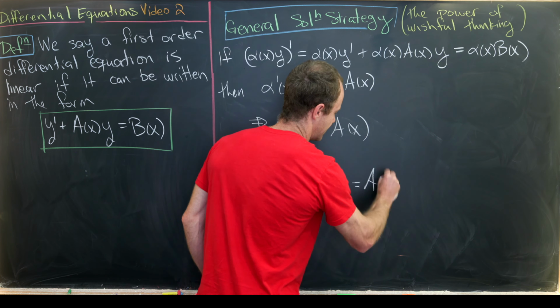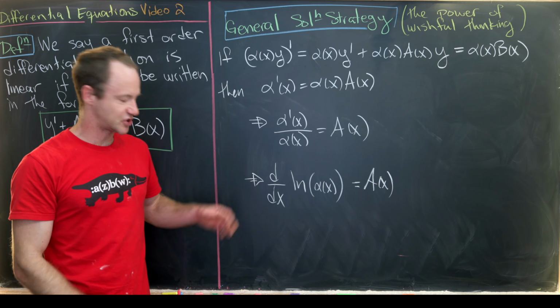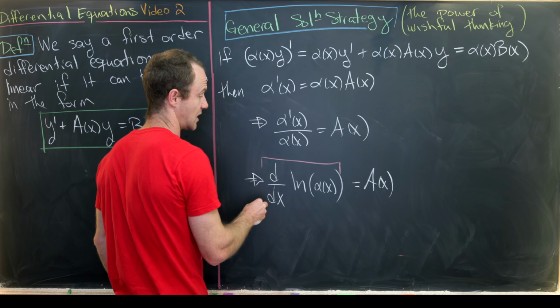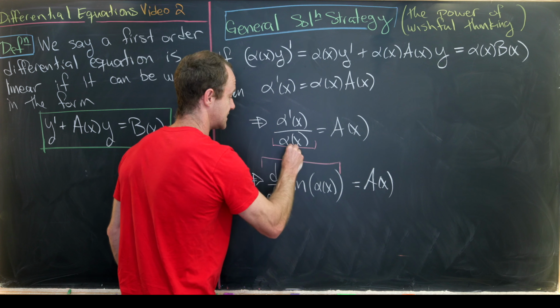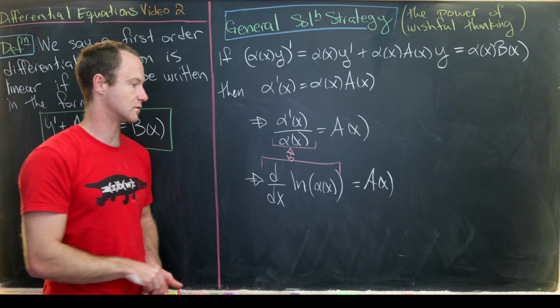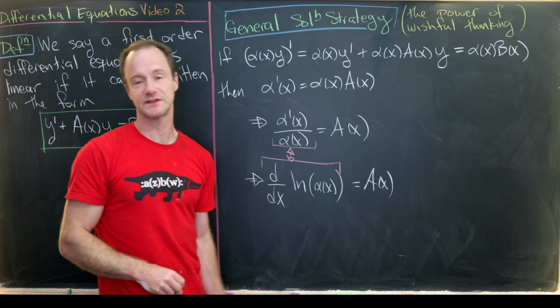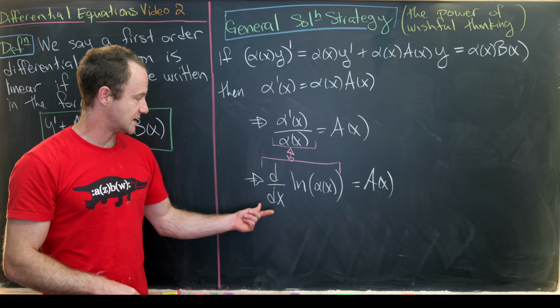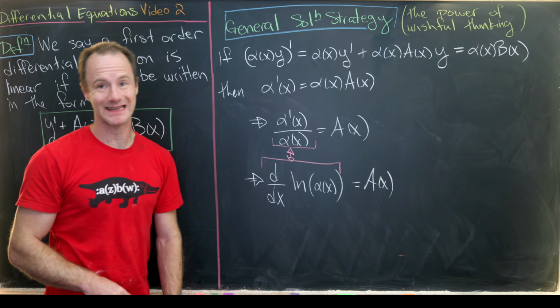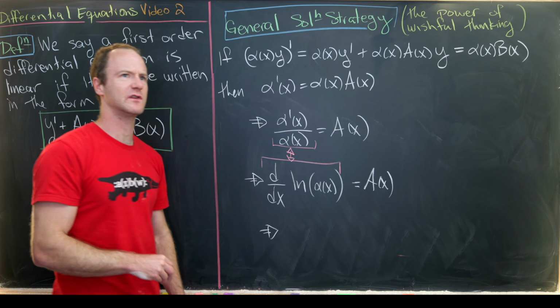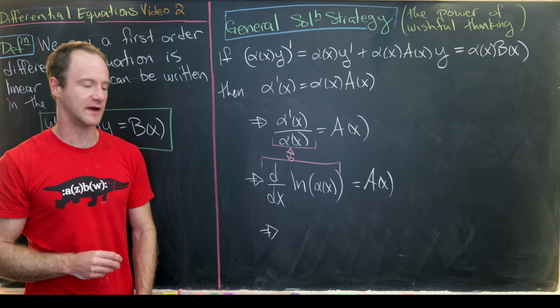Then that gives us a of x. Let's just be very clear here. The derivative with respect to x of the natural log of alpha of x is this by the chain rule. But now we've got the derivative of something equals a of x. That means this something is the antiderivative of a of x. So last time we looked at careful and quick ways to write the antiderivative.